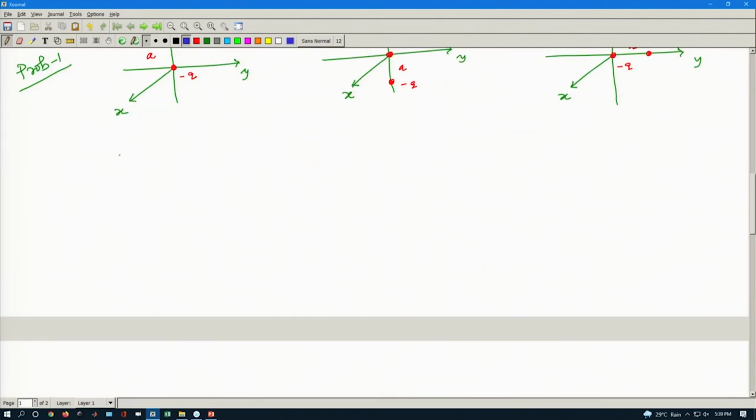One, we need to find the monopole moment. Two, the dipole moment.